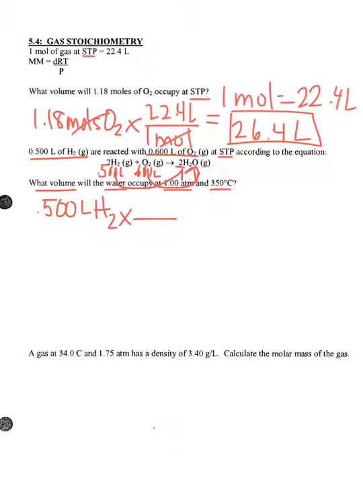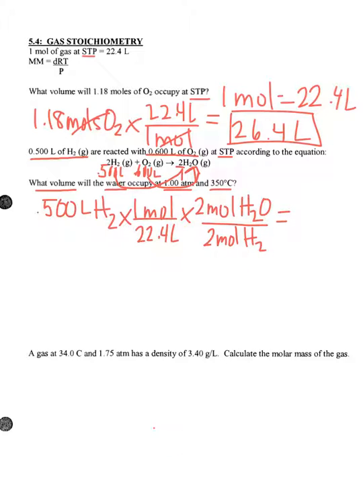Since this is at STP, then we can use 22.4 liters per 1 mole, and then we do the mole ratio. The one we're going to goes on top, so 2 moles of H2O for every 2 moles of hydrogen.